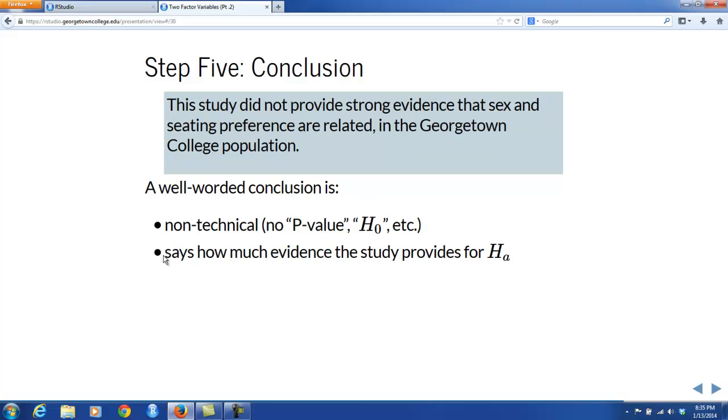It's also couched in terms of how much evidence the study provides for the alternative hypothesis. When you're rejecting the null, you'll be saying that you have a lot of evidence for the alternative. When you're not rejecting the null, you'll be saying you don't have that much evidence for the alternative.